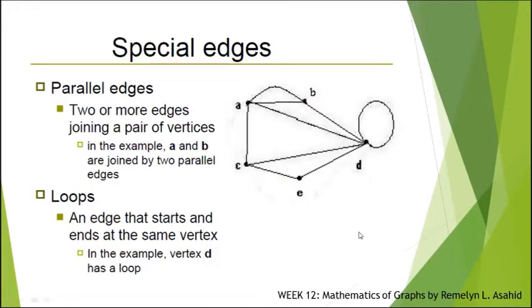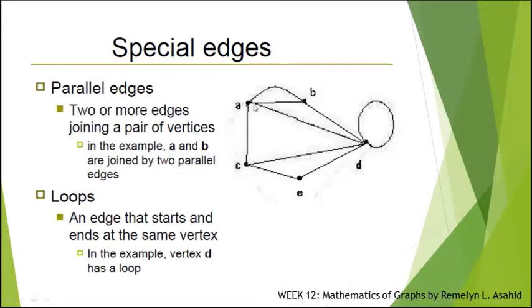So next we have the special edges. Parallel edges are two or more edges joining a pair of vertices. In the example, vertices A and B are joined by two parallel edges. So dito, parallel itong dalawa, which means they are equivalent.